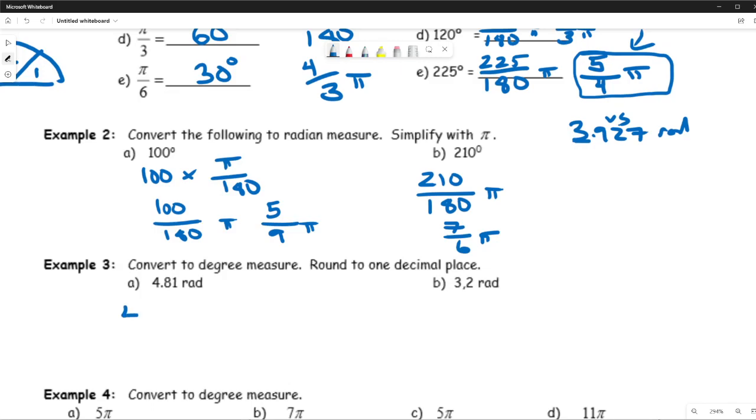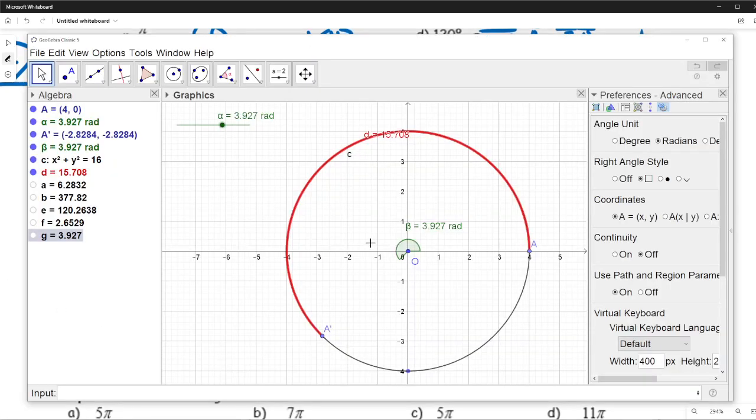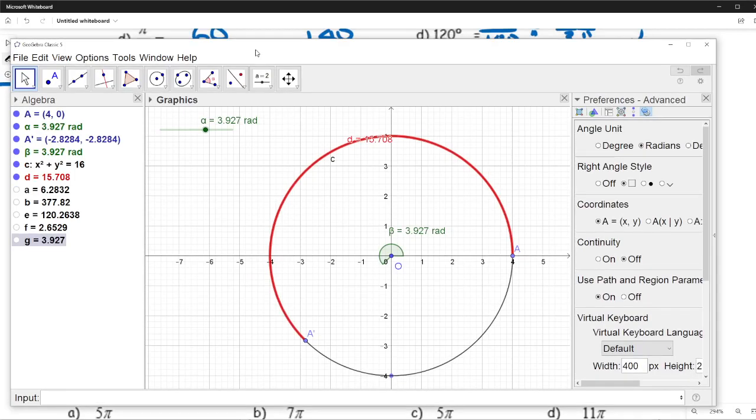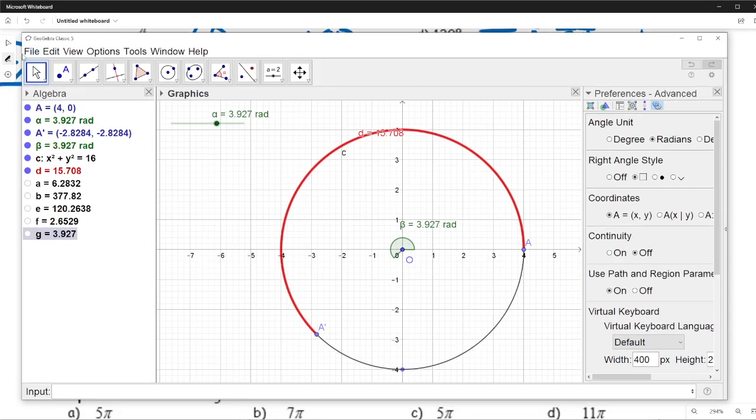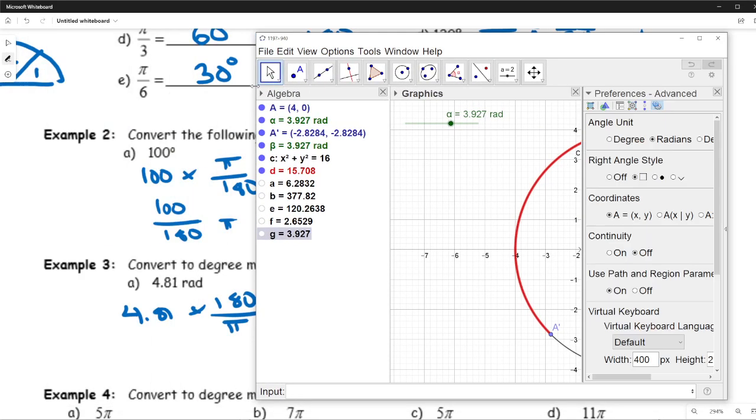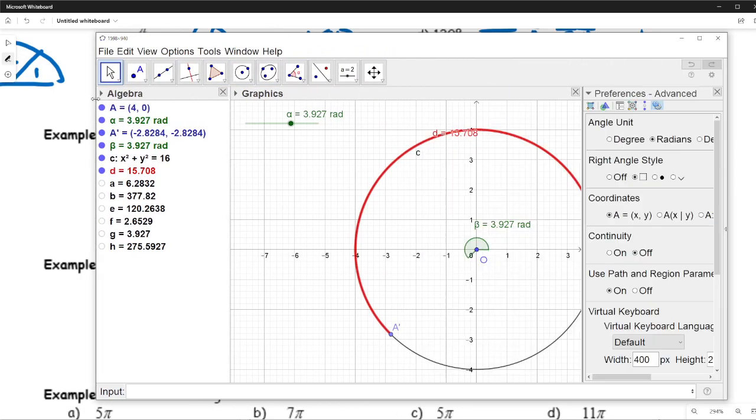Okay, how do you convert to degrees? So again, you take your 4.81, you multiply it by 180, and then you divide it by pi. Now these ones, we're not going to leave pi in the answer here. We're going to actually calculate it. So this one, for example, just says 4.81 rad. We're going to multiply it by 180 and divide by pi, and we get a 275.6 degree angle.